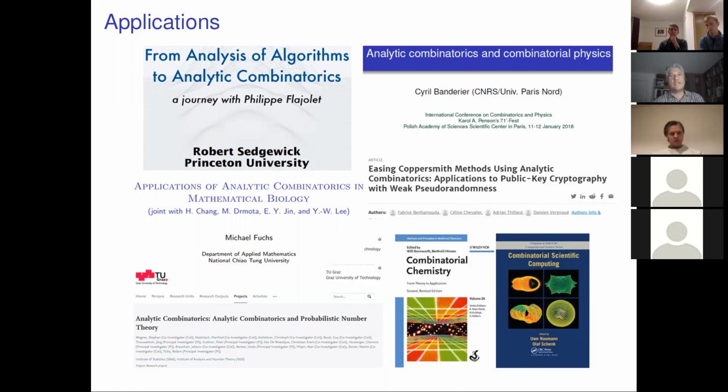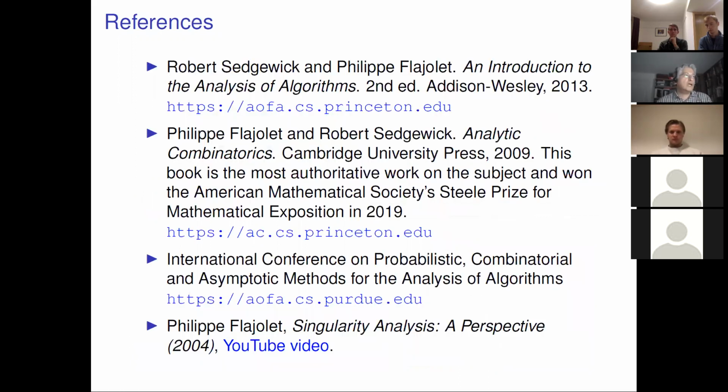So this is a very active research field, and I'm going to make this PDF available on my website, and I give you the links to the books by Flajolet and Sedgewick. This one is like the Bible. This was the one they published in 2009.